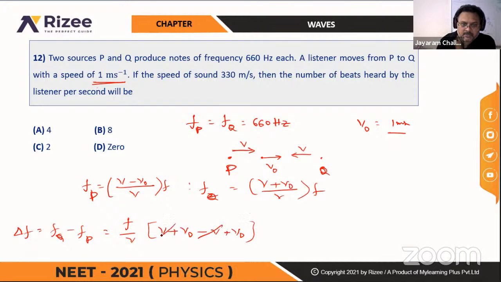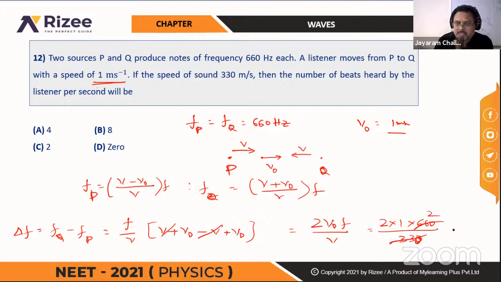So these two terms will go off and your final formula will be 2 V naught F by V. Now put down the values. 2 into velocity of the observer, which is 1, frequency is 660, by velocity of the sound, which is 330. Goes for 2 times, which is equal to 4 beats per second.